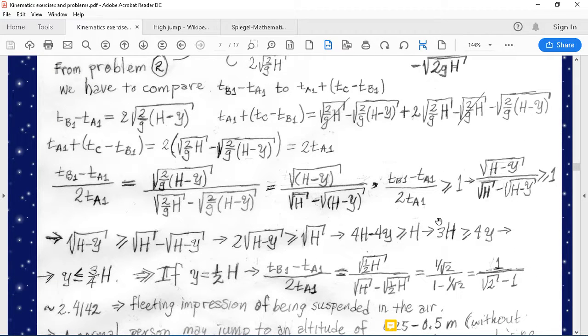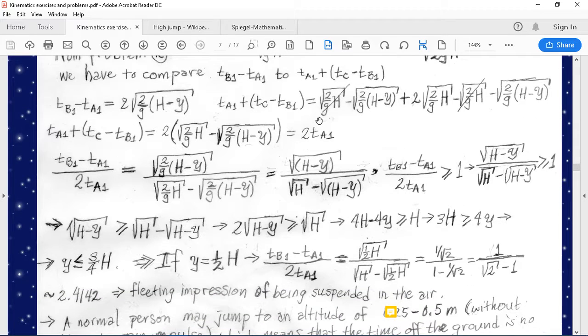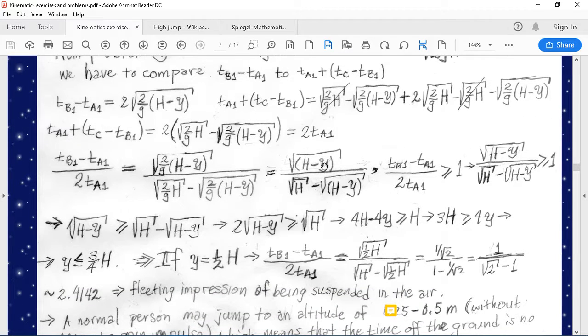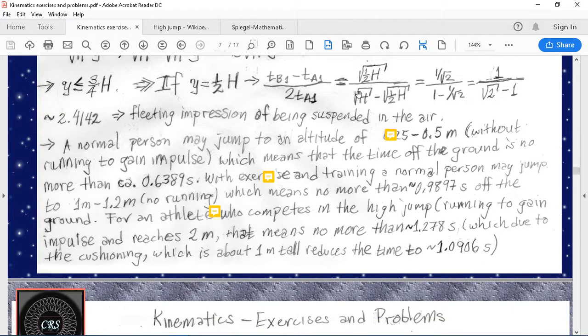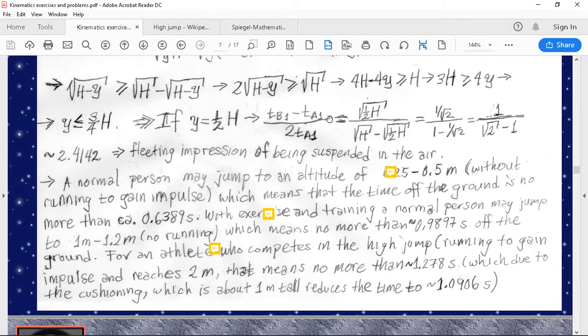And we obtained this ratio here, which for our case meant that this y with a curl was equal to 1/2 of h. And the ratio of those times gave us this value, 2.4142 approximately.